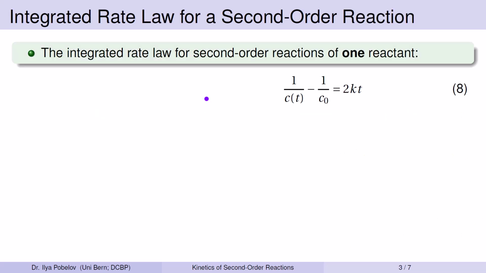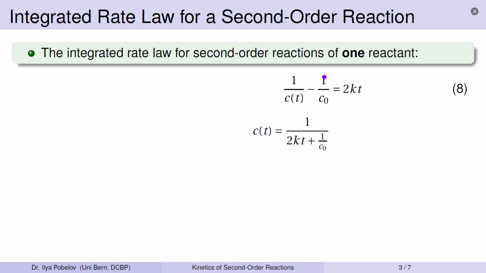Combining both integrated parts of the differential equation, we obtain the integrated rate law for second-order reactions where one reactant is involved. It tells us that the inverse of the concentration at time t minus the inverse of the initial concentration is equal to 2 times the rate constant k multiplied by the time t.